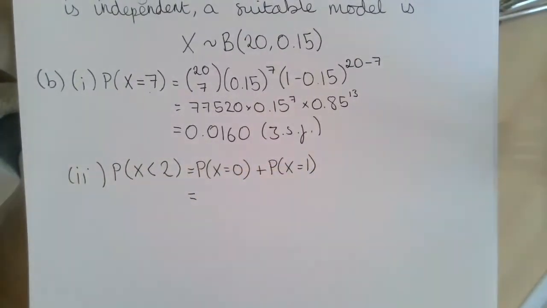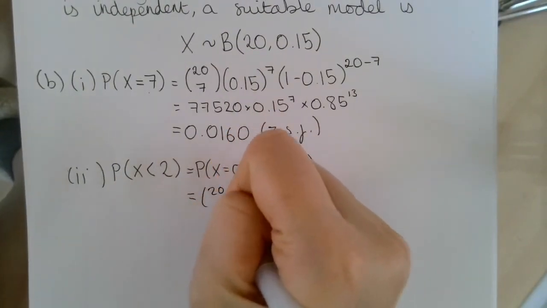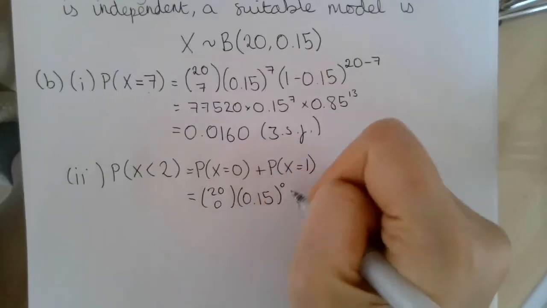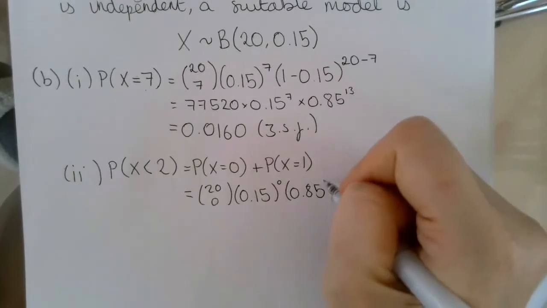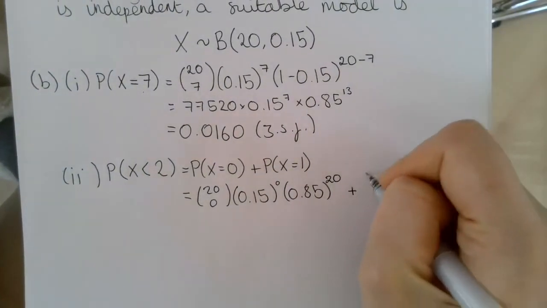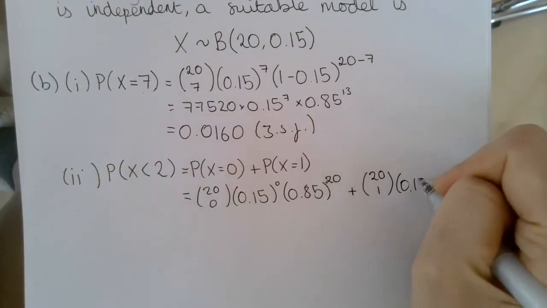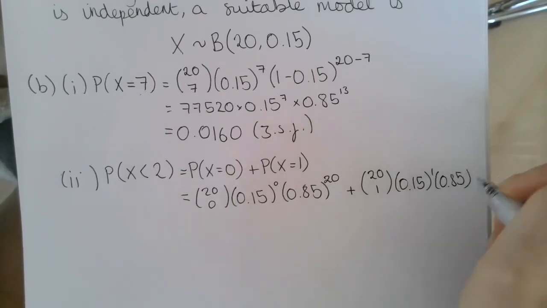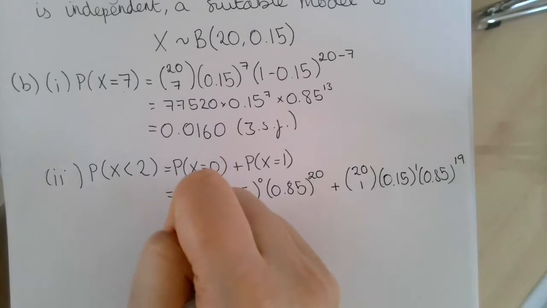Now the probability that X is equal to 0, we've got 20 choose 0 multiplied by 0.15 to the power of 0, 0.85 to the power of 20 subtract 0, which is 20, and we're going to add 20 choose 1, 0.15 to the power of 1, 0.85 to the power of 20 subtract 1, which is 19.